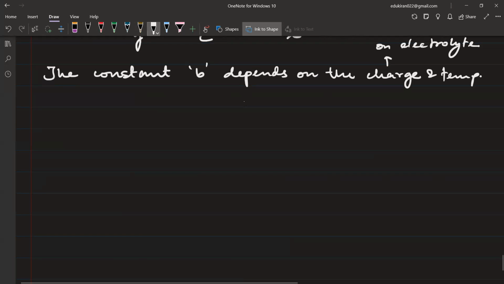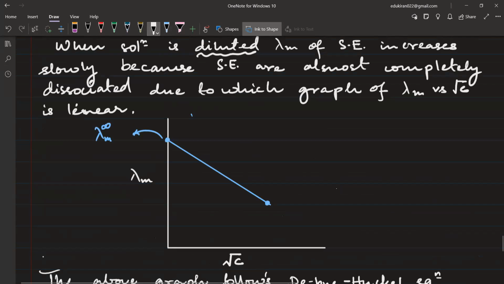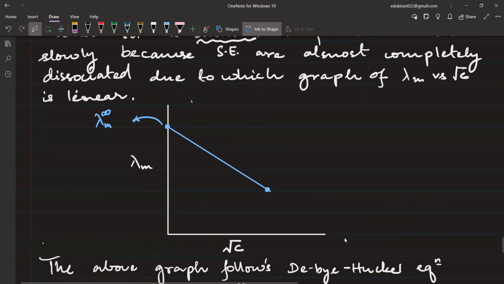weak electrolyte. By the way, this part of the graph, that means the limiting molar conductivity. At zero concentration there will be no molar conductivity as such, right? So we get this lambda m by extrapolation. How is it done? For example, I will get the graph till here. Some measurable quantity of electricity will be flowing till here.